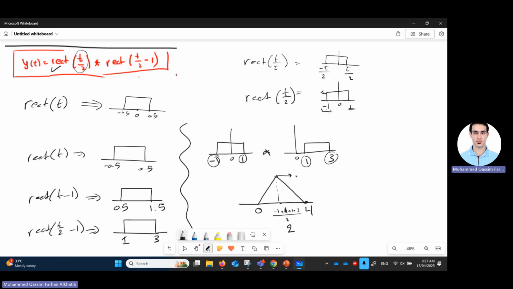The amplitude here is 1 times the minimum of 2 and 2. So the amplitude will be 2. Is it clear? So yeah, it's good to have such mistakes. Sometimes we go, let's say, to advanced concepts and we forget the basics. All right.